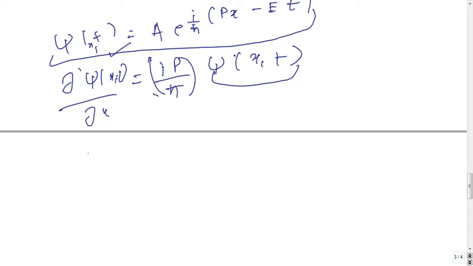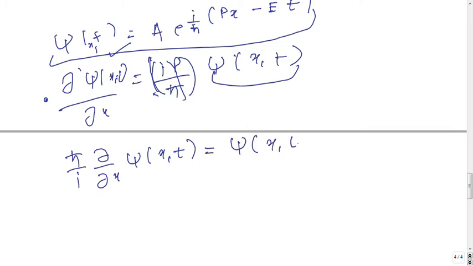It means that if I take this iota by h bar on this side, that is h bar by iota del x, xi x of x comma t is equal to p times xi x comma t.